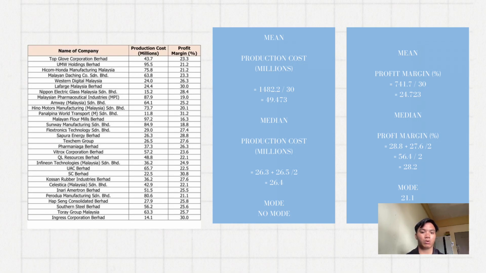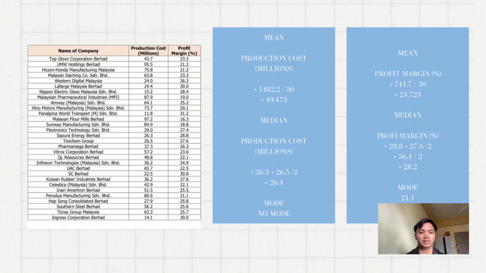First, for the production cost mean, we sum up all the production cost values and divide by the number of companies, 13. So the answer is 49 per 473. Next is the median for the production cost.